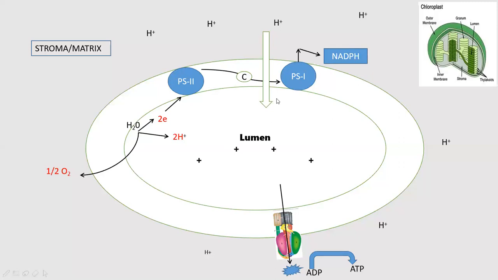Due to these reactions, there is a movement of hydrogen ions or protons across the membrane, which leads to the proton gradient.